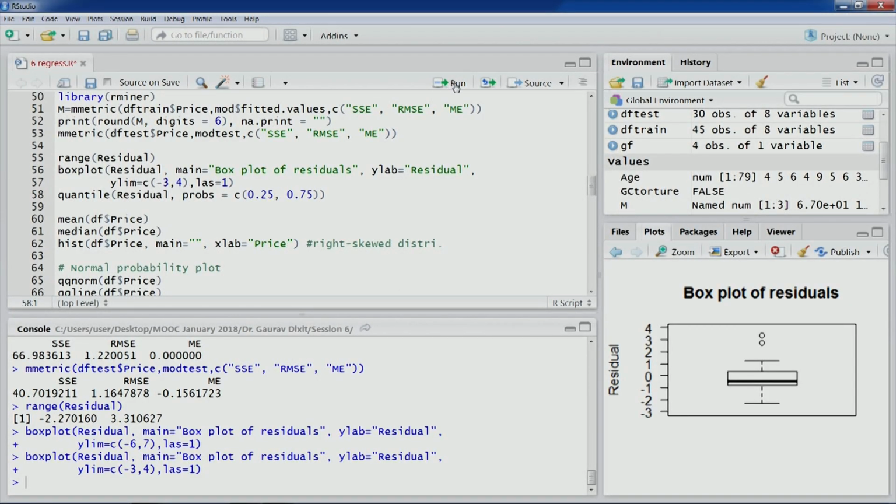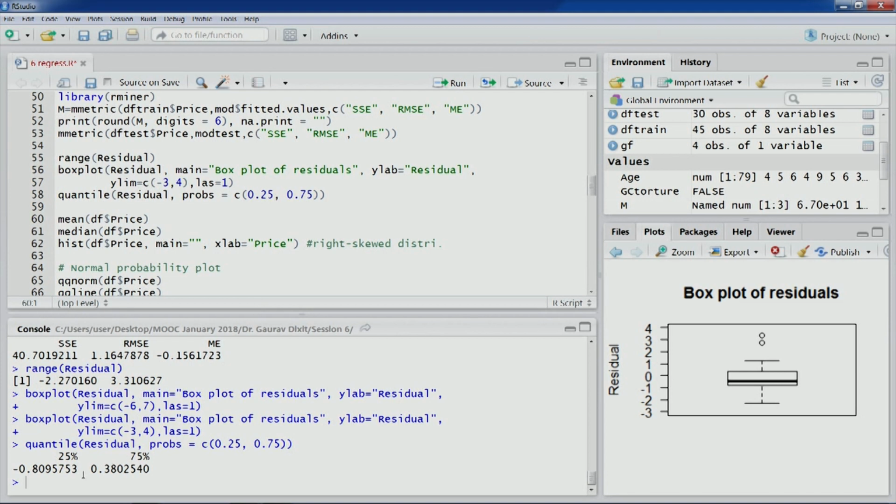So let's compute these quantiles. You can see the numbers. The 50% of values as indicated by these quantiles are lying approximately between minus 0.8 and 0.4. That is the range where approximately 50% of the values are lying.